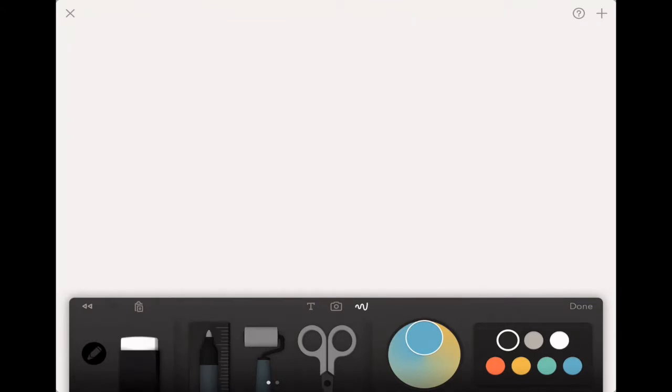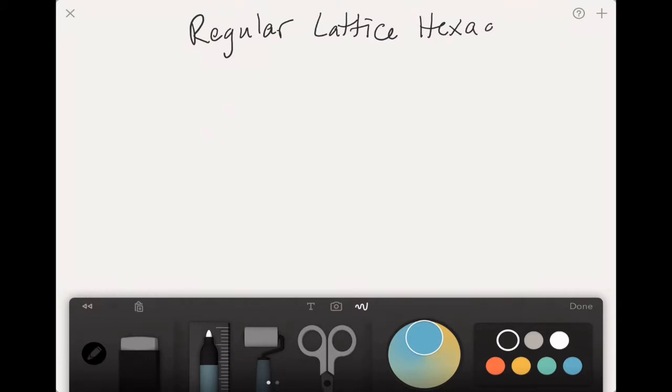Okay, well, let's try another one. What about a regular lattice hexagon? That means it has 6 sides. So we know the perimeter must be even. So let's see.